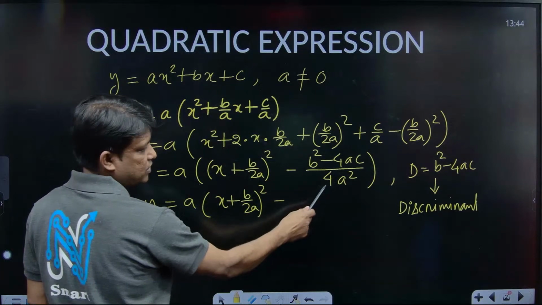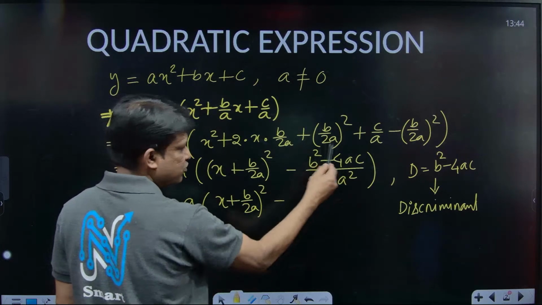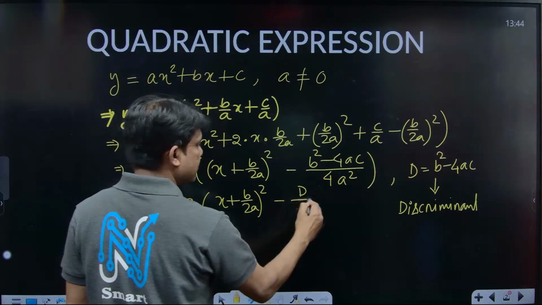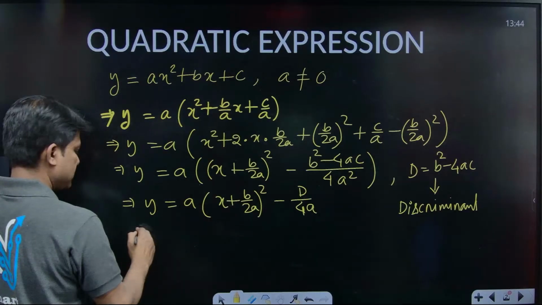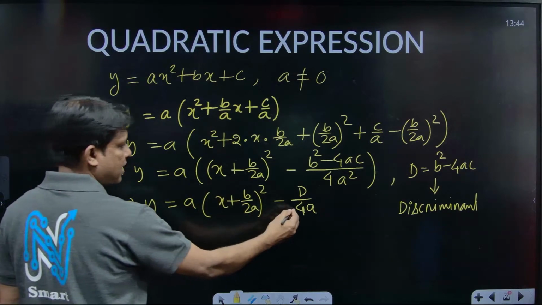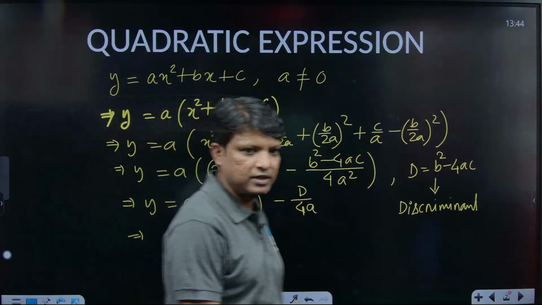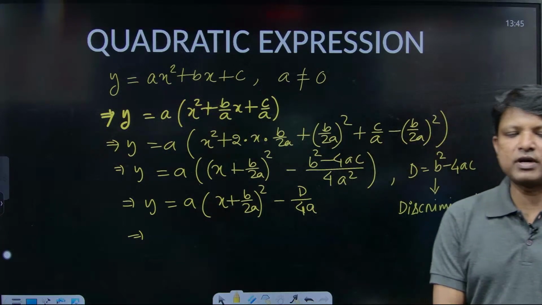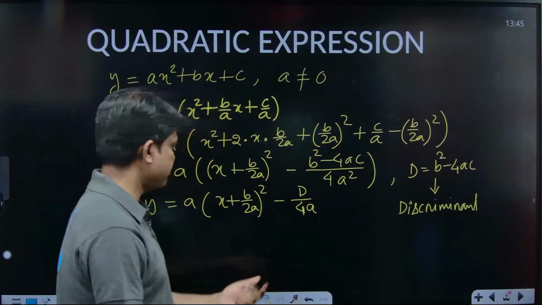1 by 4a square. So the denominator is 4a and the numerator is D, so this is D by 4a. Now observe the expression: y plus a constant equal to a into x plus b by 2a whole square, like x square equal to 4ay. What is the meaning of that expression? This is parabolic form.